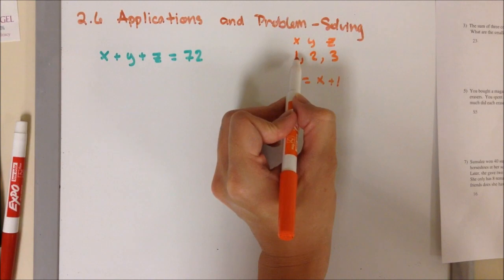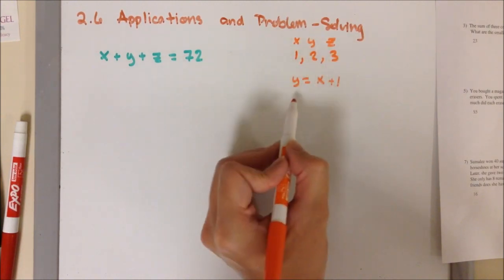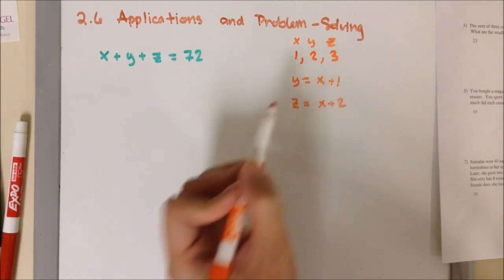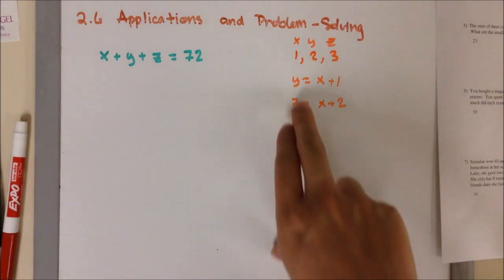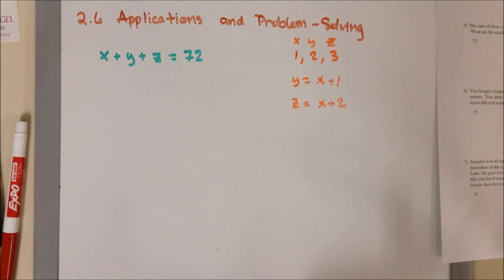To go from 1 to 3, I added 2, so z is equal to x plus 2. So had I known that x is 1, I can find that my y value is 2 and my z value is 3.